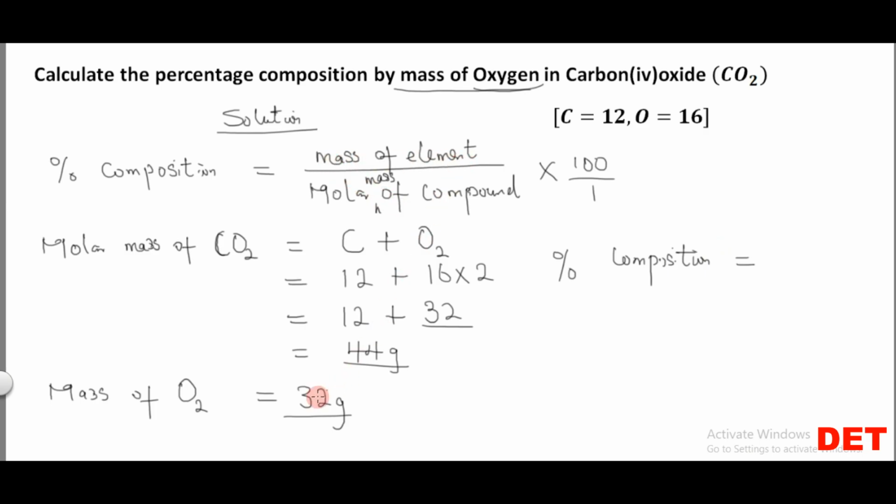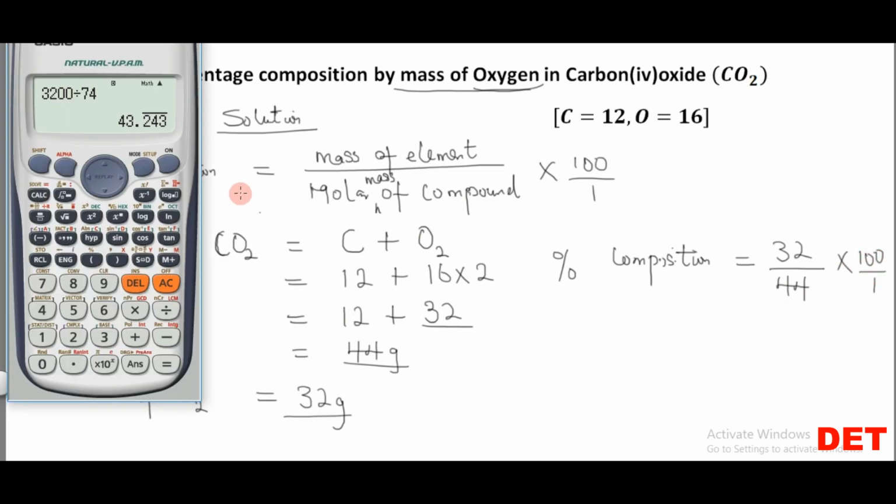So the percentage composition by mass of oxygen will be equal to the mass of oxygen, which is 32 grams, over the molar mass of the compound, carbon dioxide, which we calculated to be 44, times 100 over 1.